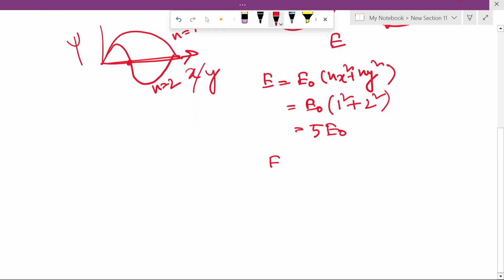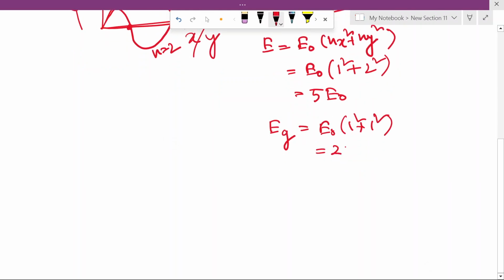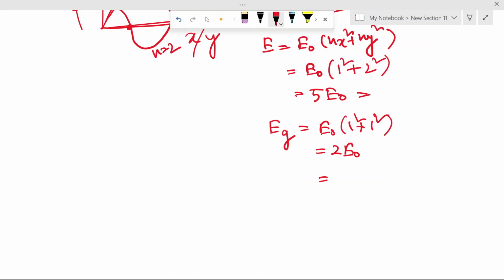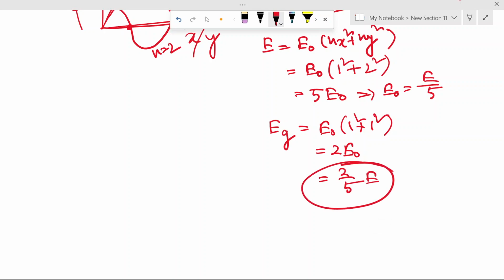And the ground state energy is E naught into 1 square plus 1 square, it is 2 E naught. From this you can find E naught is equal to E by 5, so the ground state energy is 2 by 5 E.